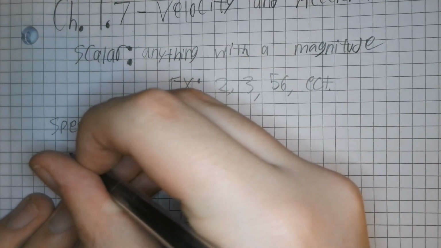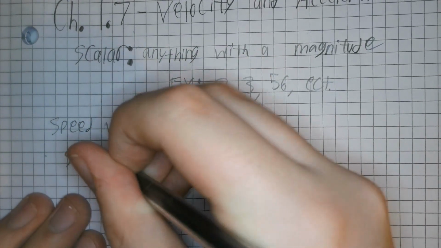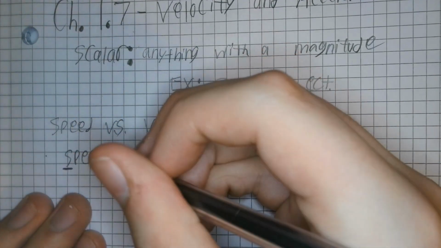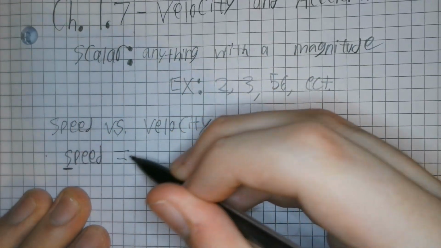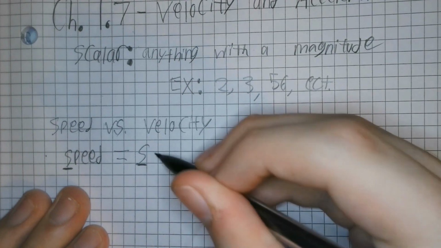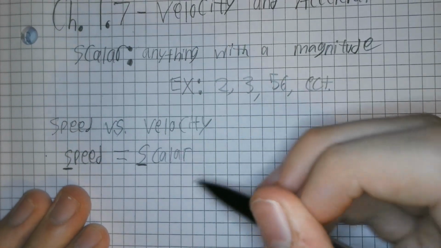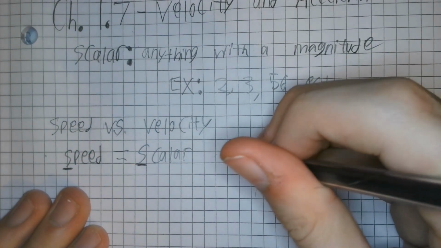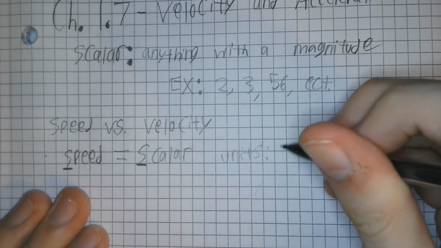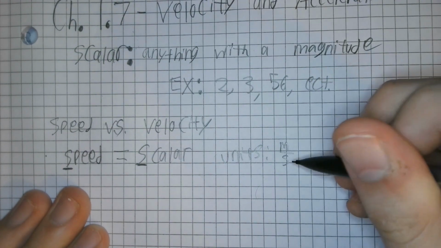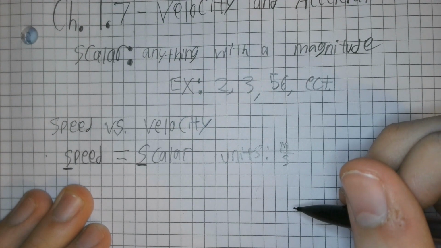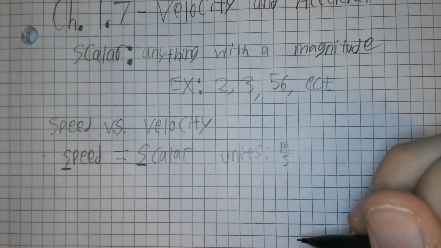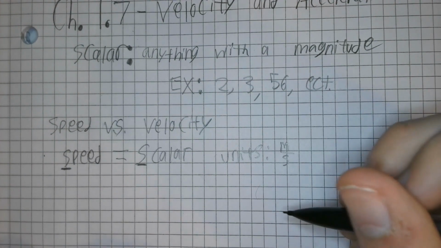So, speed, notice the S there, is a scalar. And it's measured in units of meters per second. Okay? So it's how many meters we travel in a given second.